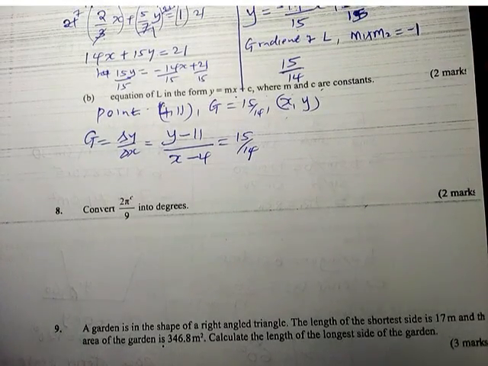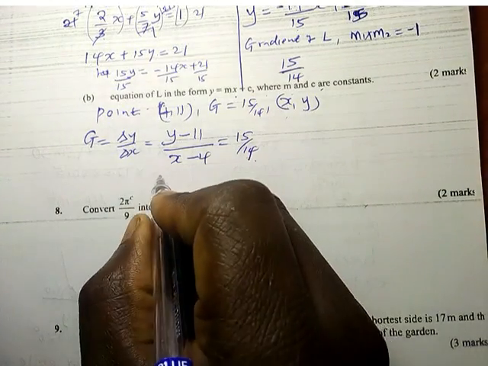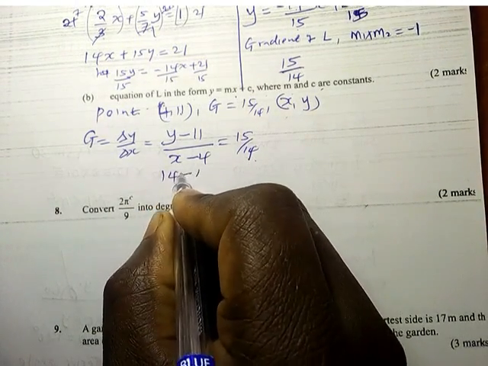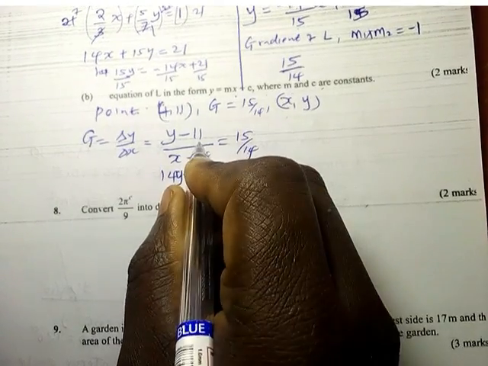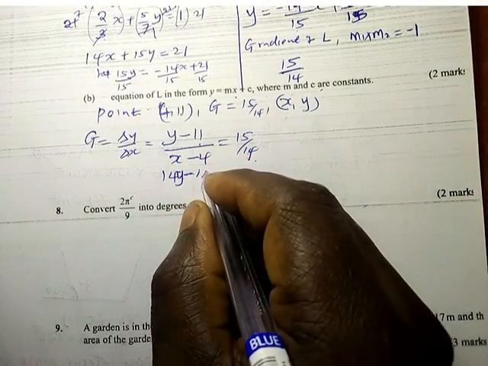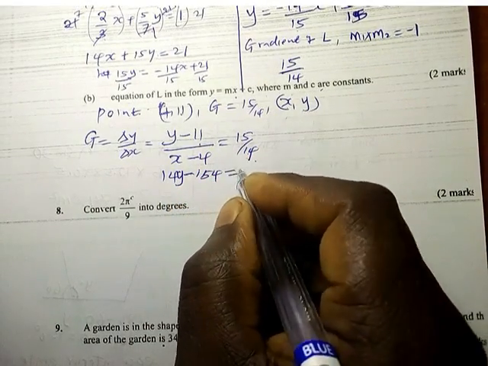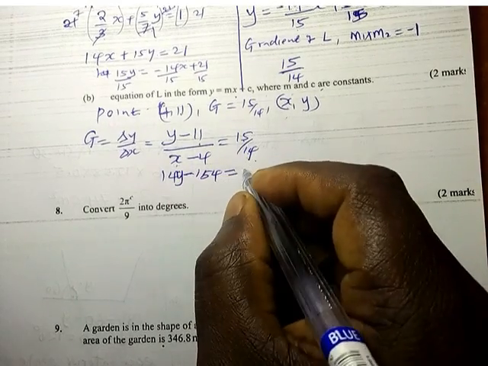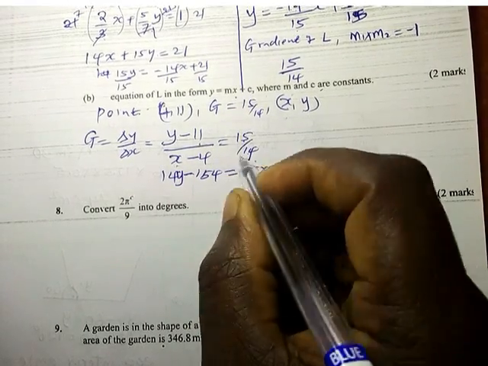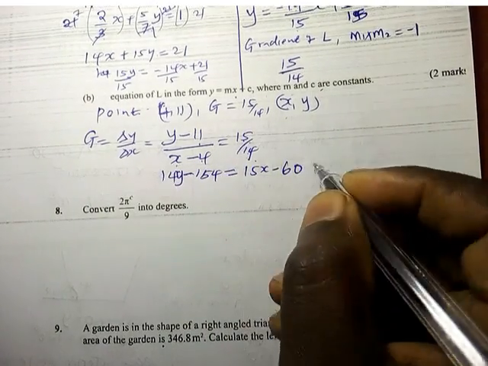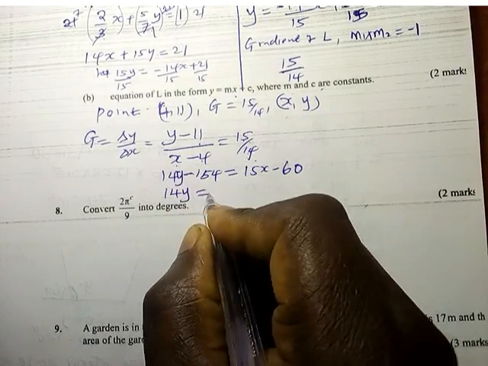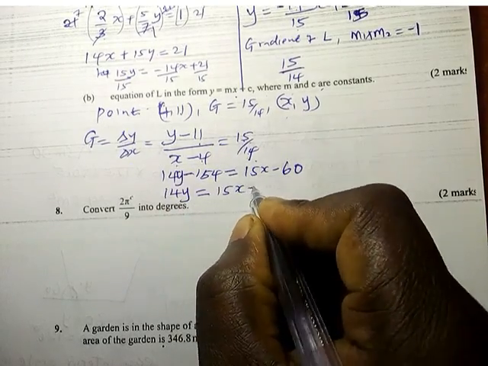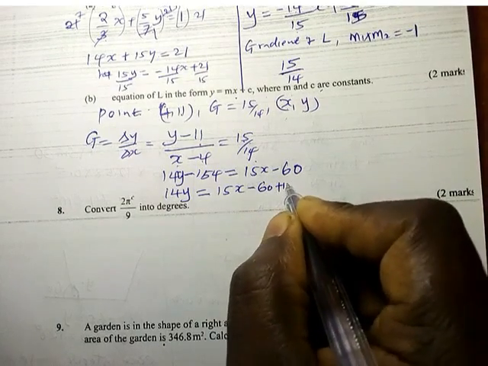So cross multiply: 14y minus 14 times 11, which is 154, is equal to 15 times that, 15x minus 60. So 14y equals 15x minus 60 plus 154.